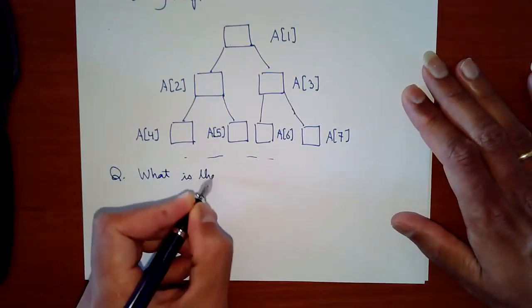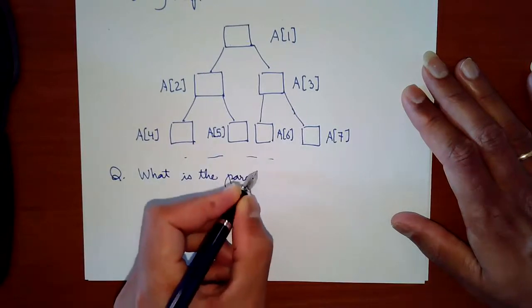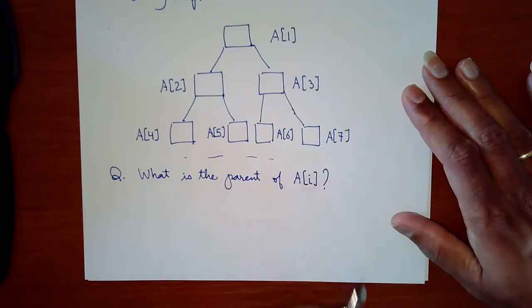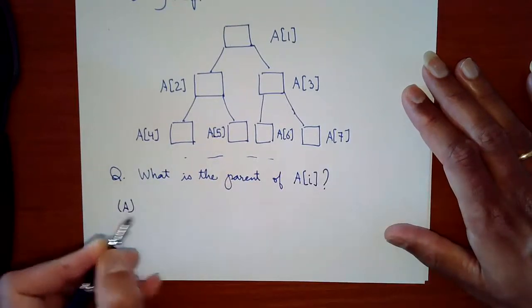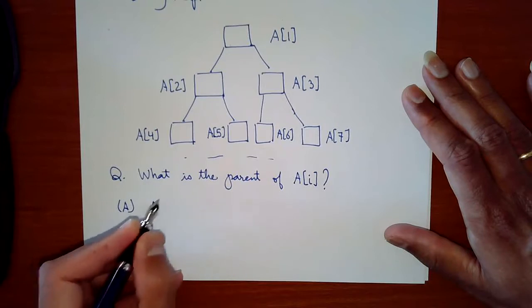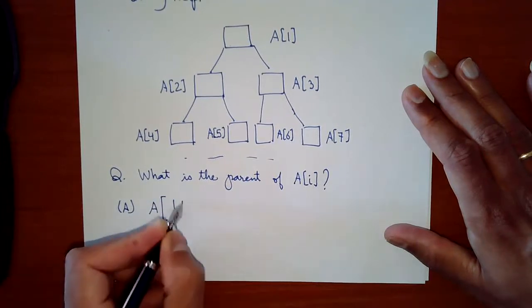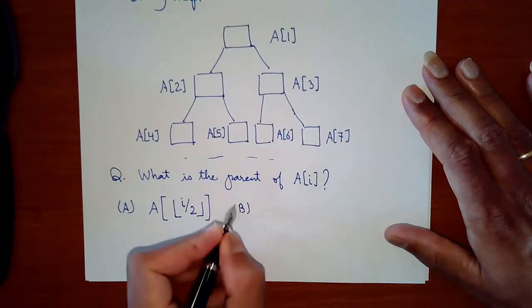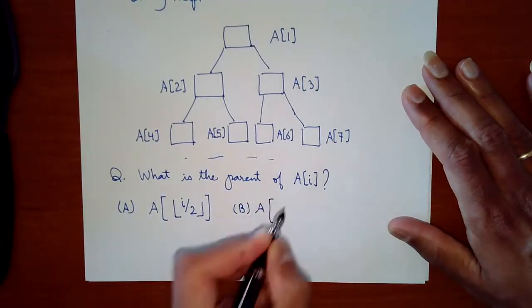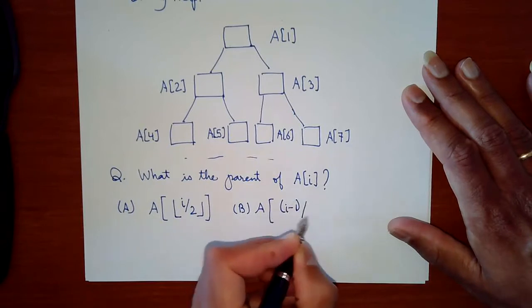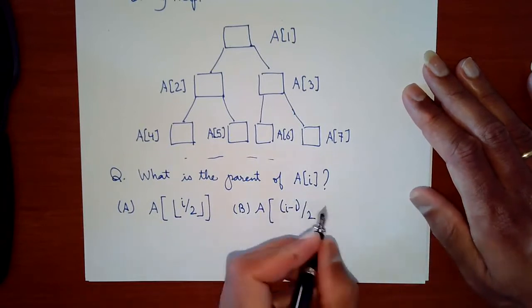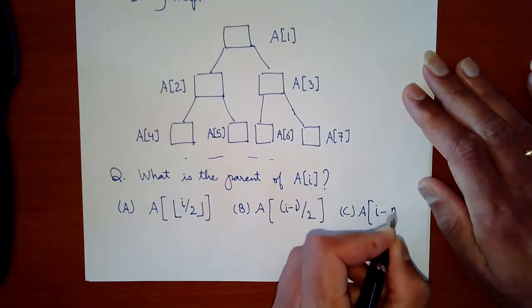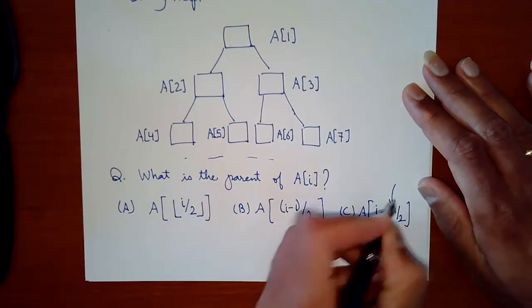What is the parent of A_i? Is it A of the floor of i over 2? Is it A of (i minus 1) divided by 2? Or is it A of i minus n divided by 2, where n is the size?